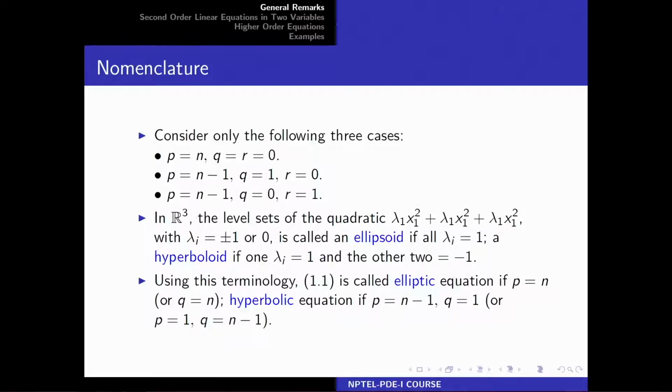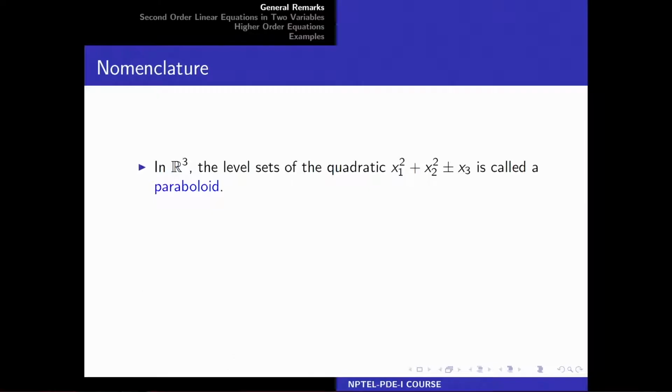Again we go back to three dimensional geometry or even 2 dimensional geometry. Since we have done the elliptic and hyperbolic cases, let us go again to 3 dimensional geometry. The level sets of the quadratic are nothing but you take this quadratic and equate it to some constant and see what curve or surface it describes in R3 space.